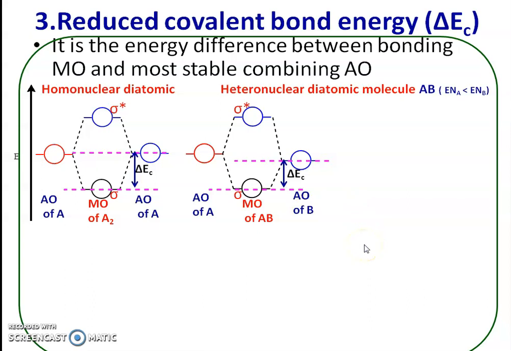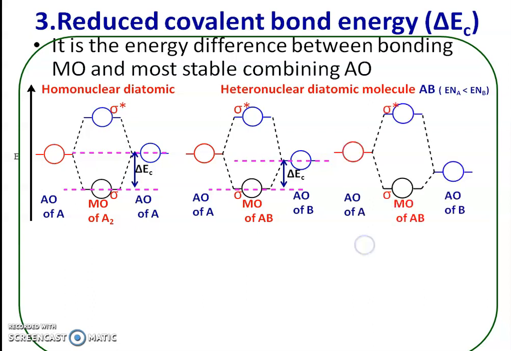Now consider the next molecule, a heteronuclear diatomic molecule where B has still greater electronegativity. When the electronegativity of B increases, the energy of the atomic orbital contributed by that atom further decreases, and therefore the energy difference between the bonding molecular orbital and the most stable atomic orbital still decreases.